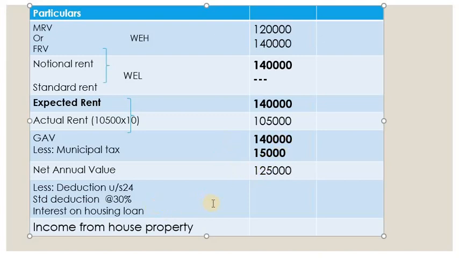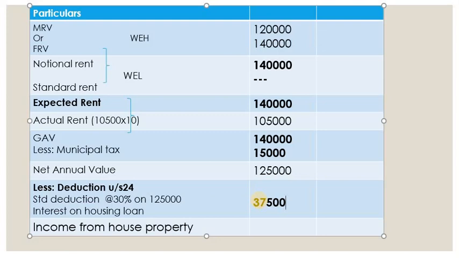Then we go for the deductions under section 24. The standard deduction is at the rate of 30% on 1,25,000, that is the net annual value. Just calculate: it is 37,500.